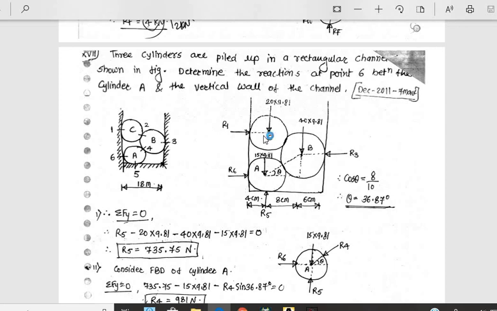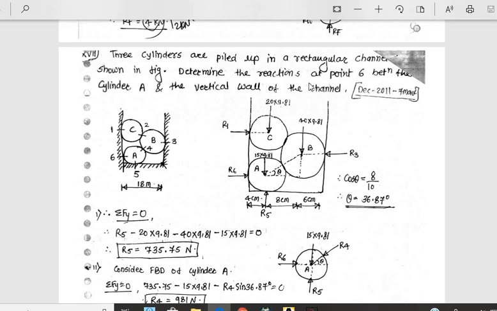Where is R2? R1. This is R3, R5, R6. So then 2 is here. This is R2, and this is R4. This is the common contact between B and C, and here there is a common contact between A and B. So draw the FBD of the entire system and use that; this you have to determine from the geometry.